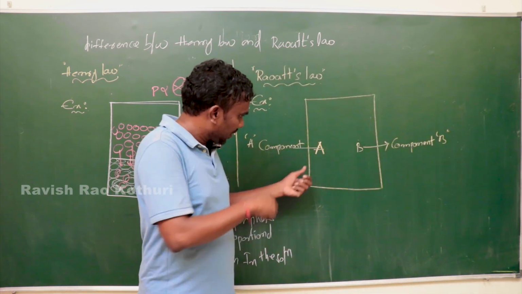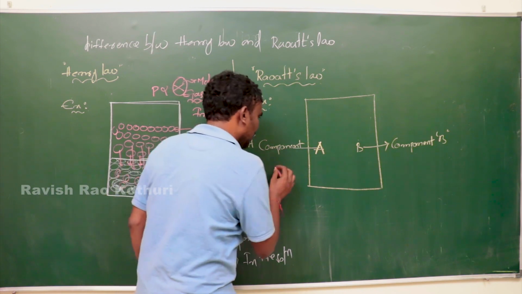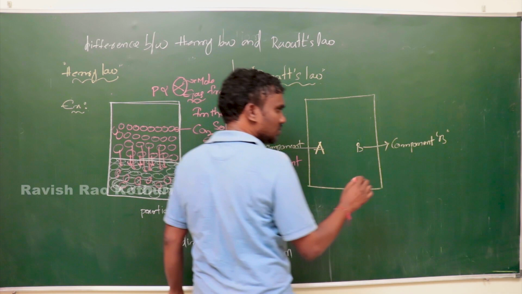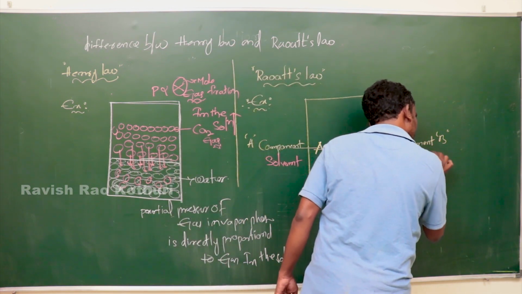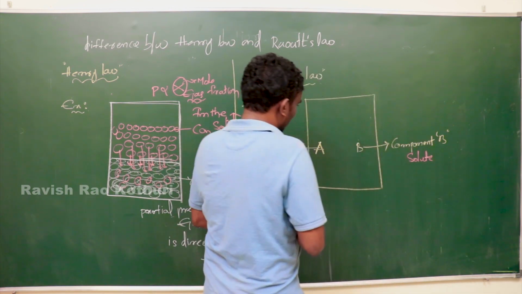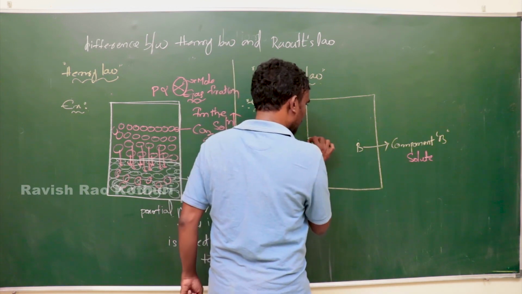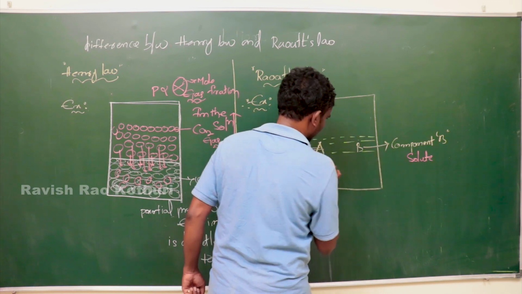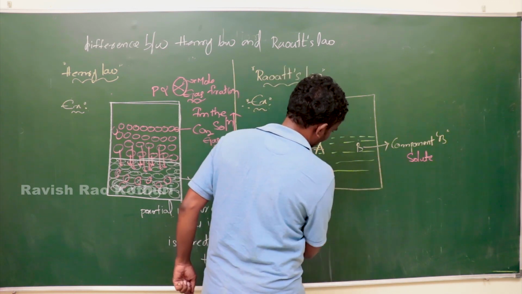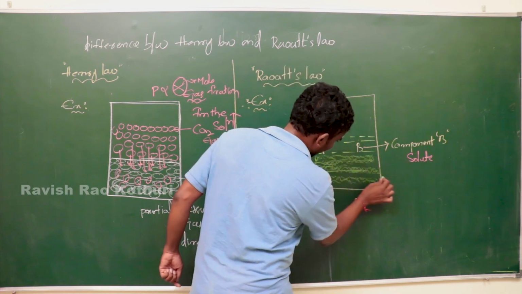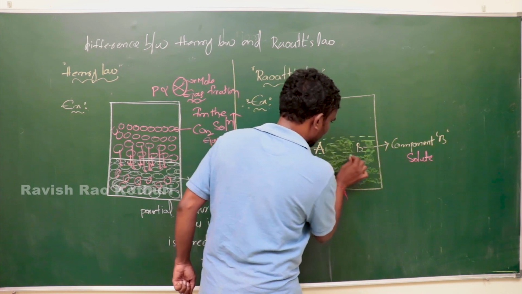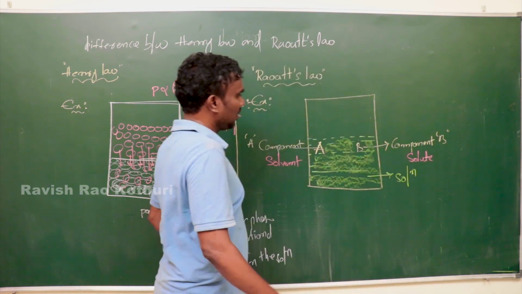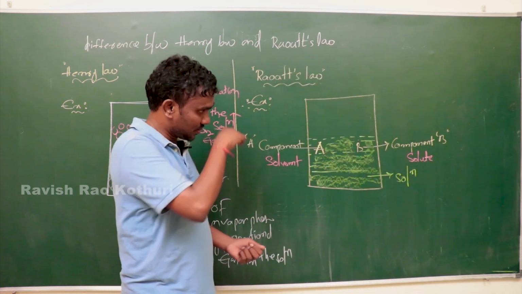So A is the solvent, I consider, and B is the solute. Both are in one container, so it becomes what, my dears? It becomes a solution. Now understand the concept, my dears.